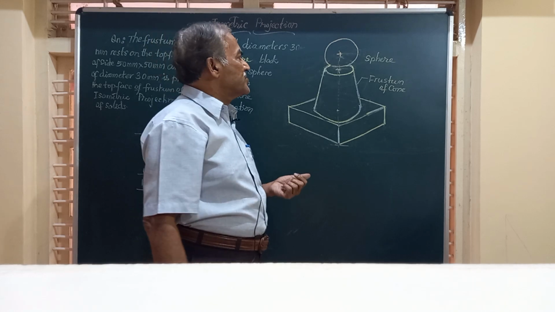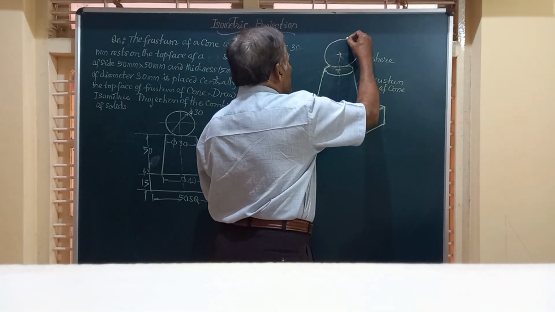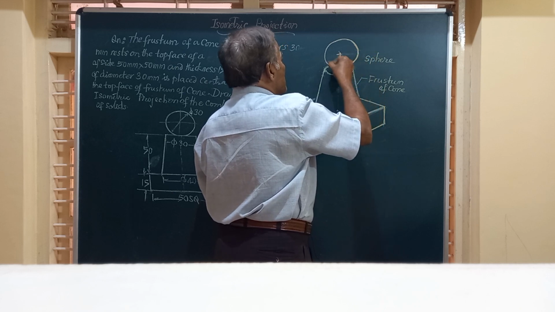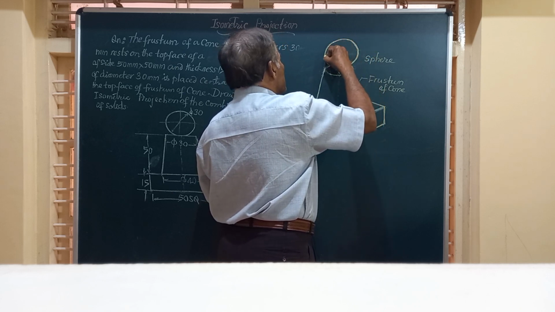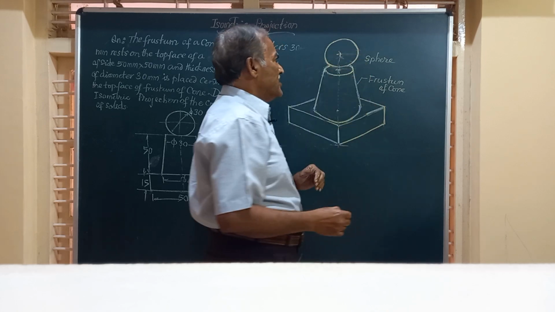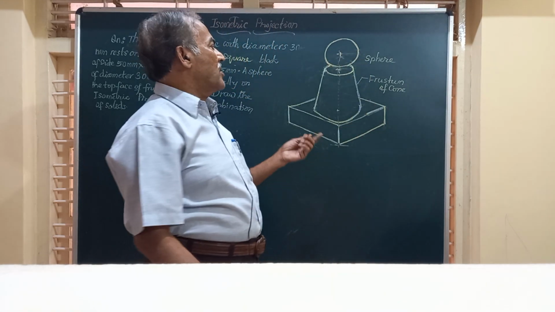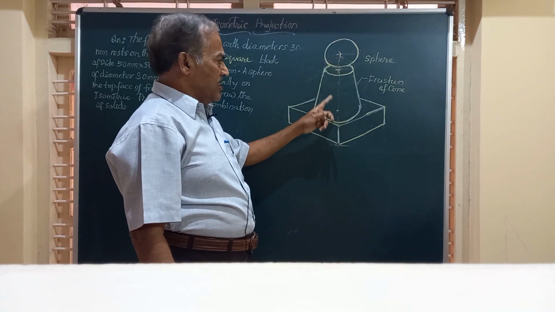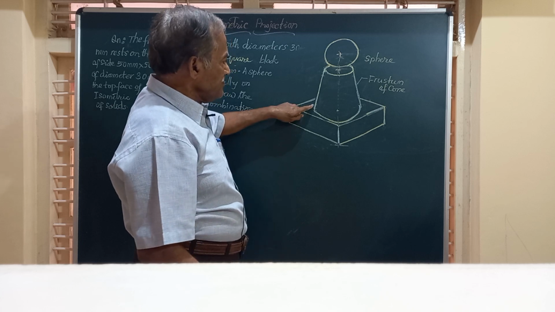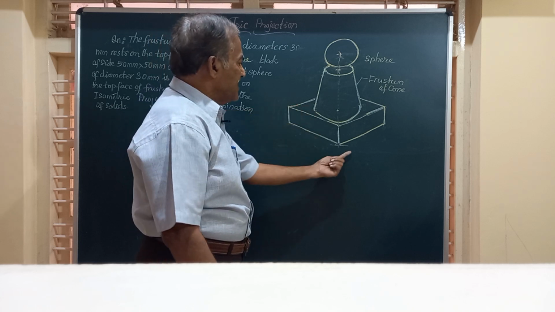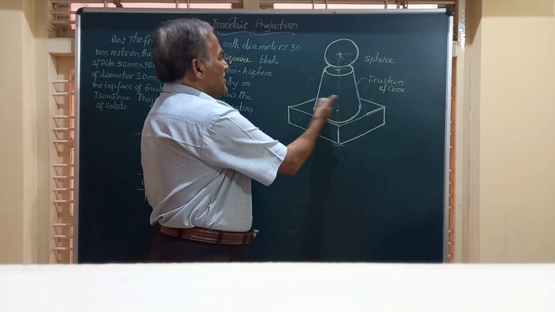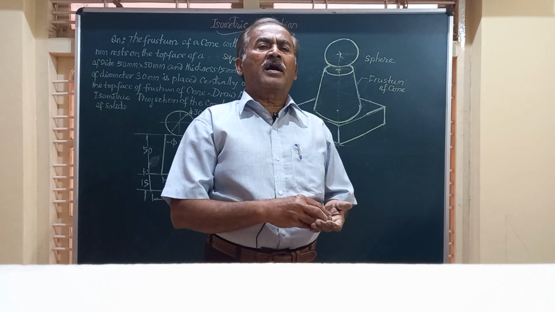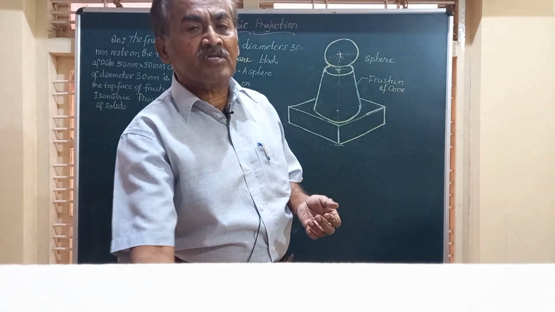And friends, I am very sure that you have followed the procedure to construct the isometric projection of the combination of solids, wherein you have a sphere placed on the top surface of the frustum of a cone, which in turn is placed centrally on the top face of a square block of 50 millimeter side and 15 millimeter thickness.